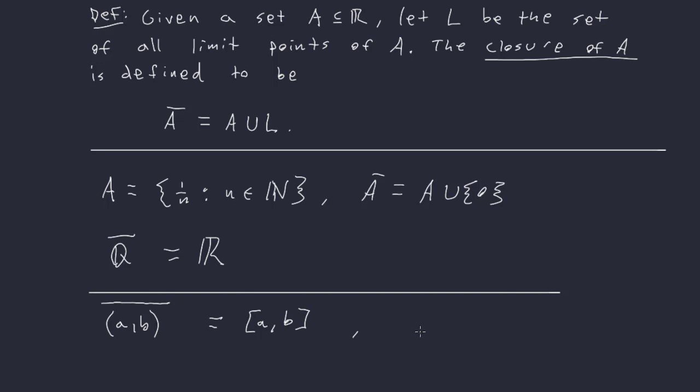But say you have something like 0 to 1, closed on one side. If you take the closure of it, you get 0 to 1 closed. Okay, so it basically just takes all the limit points and adds them in to make it a closed set.